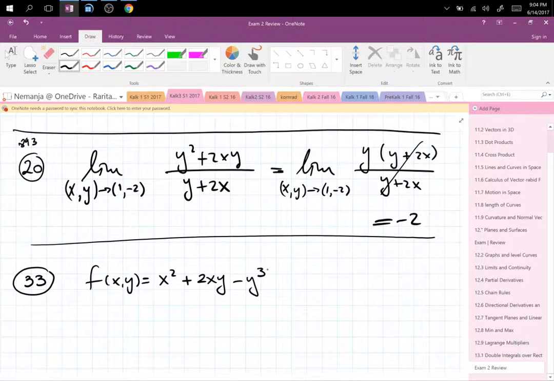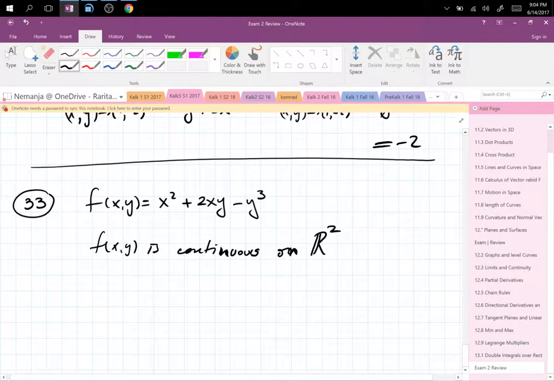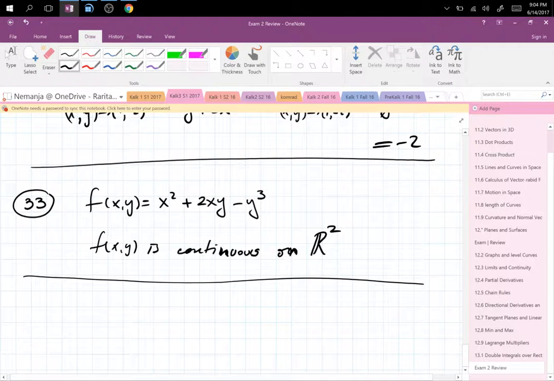I will pick something else. All right. f of x, y is continuous on R2 everywhere. Again, I use the theorem which says if the function is differentiable, it is continuous.